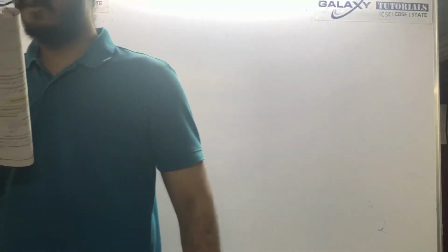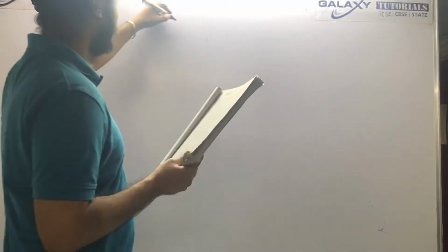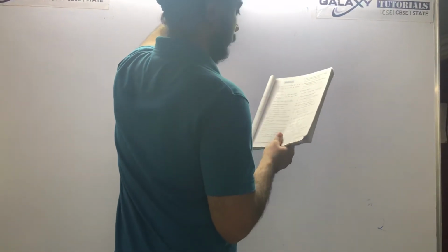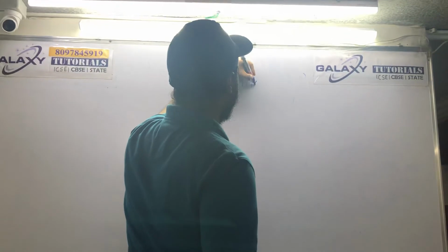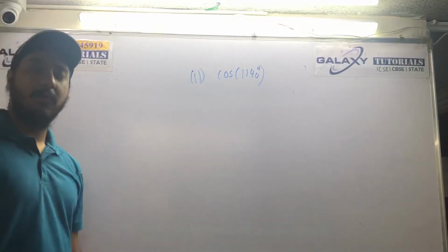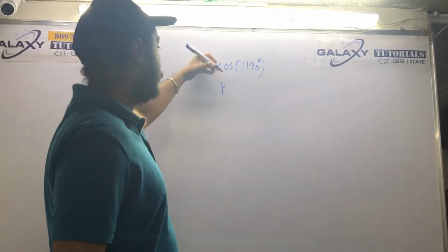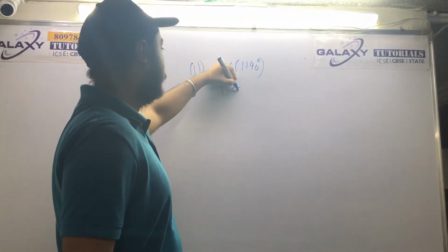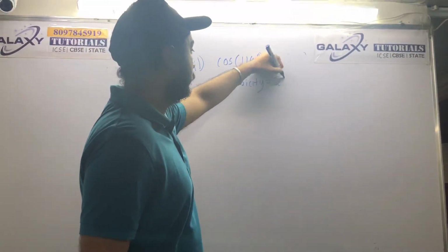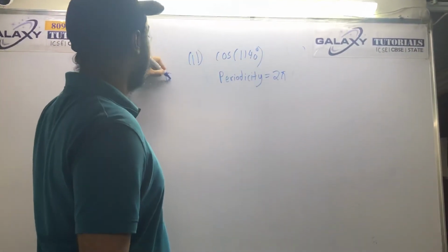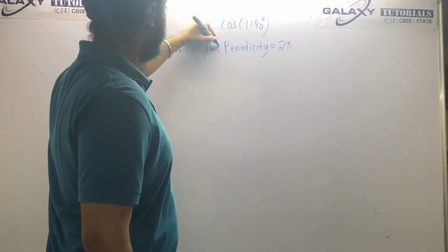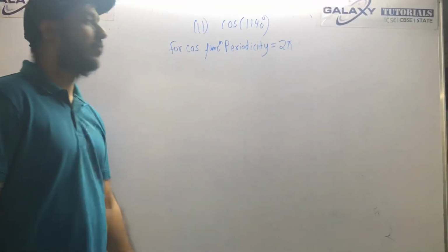The next part is cos 1140. Just write 1140 in multiple form. For the cos function, the periodicity is also 2 pi.